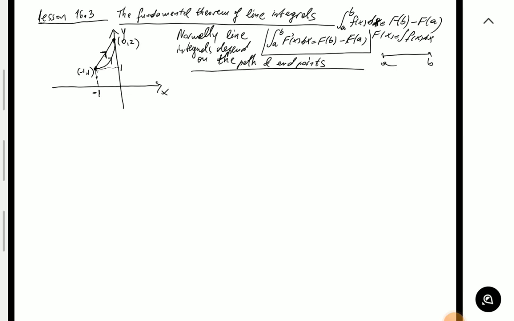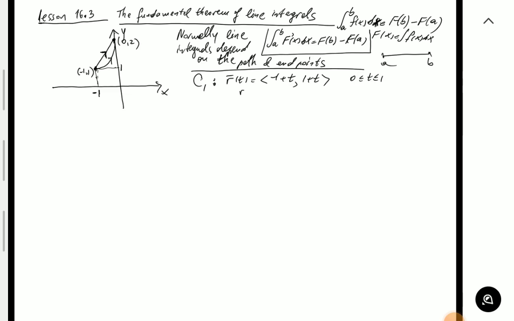So in the picture here, I sketched two curves. One of them is a straight line, so let's call it C1, and as a vector function, this is r of t equals minus 1 plus t, and then 1 plus t, with the parameter domain between 0 and 1.